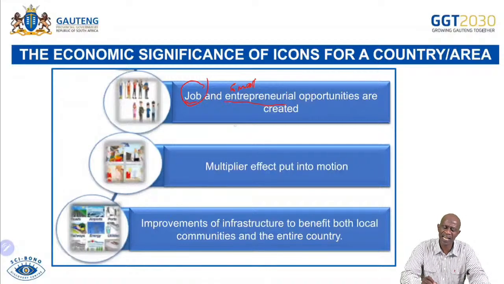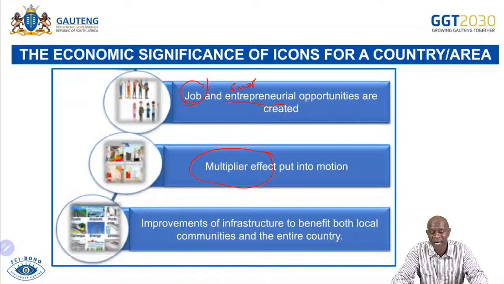So the money that comes from tourism goes into other sectors of the economy, and that is referred to as the multiplier effect, where everyone benefits. So the multiplier effect is propelled into motion.